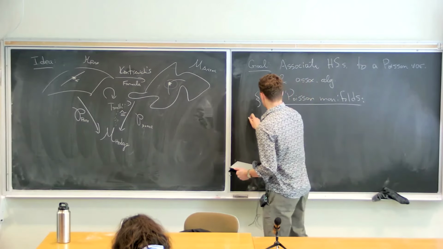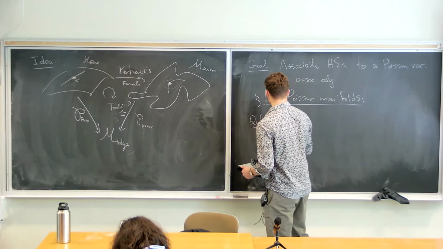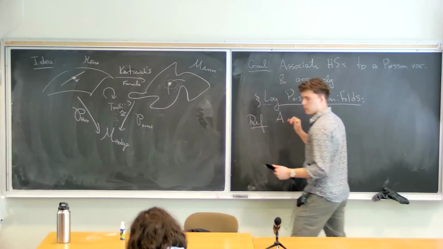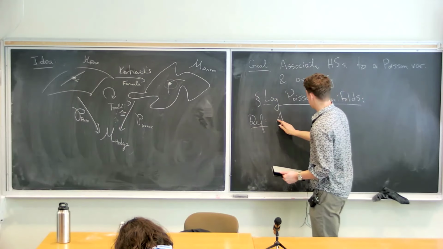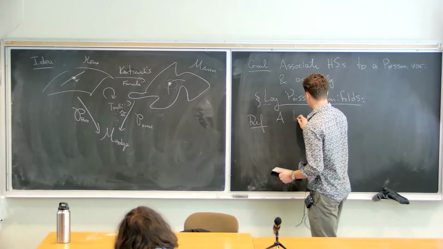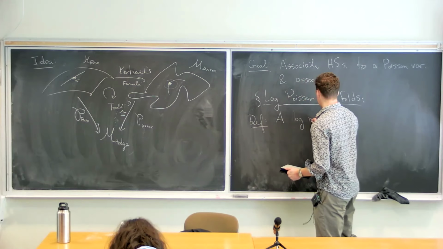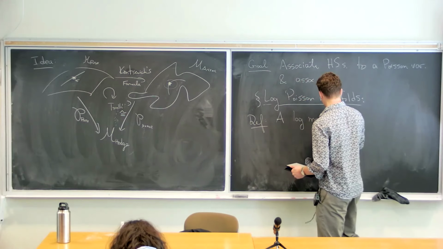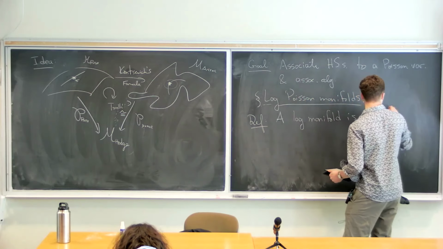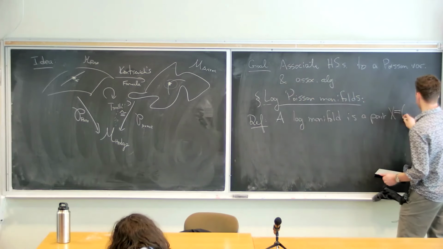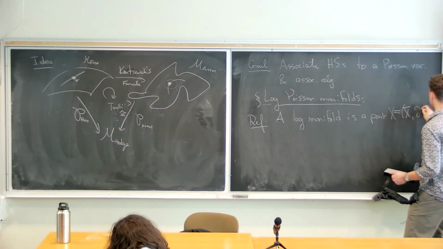All right. So definition. Now I'm working completely holomorphically. There are no more real manifolds. Well, not just C infinity, but anyways, a log manifold, I'm going to say, is a pair X. So this is the log manifold. It consists of two things.